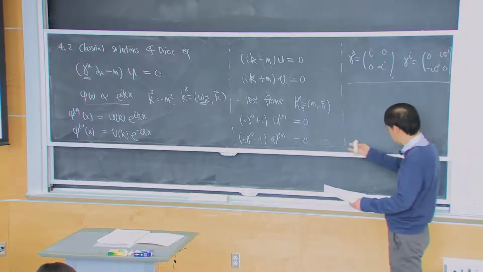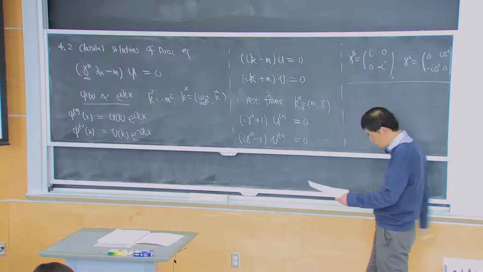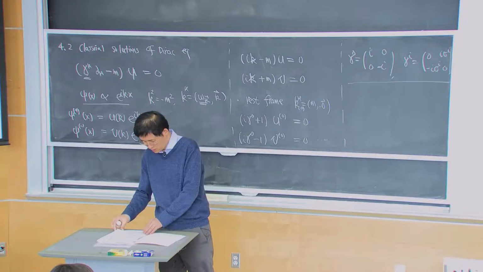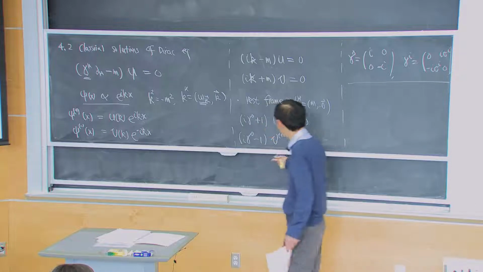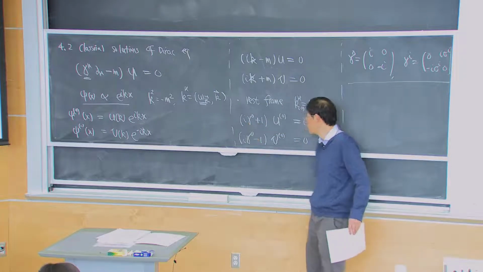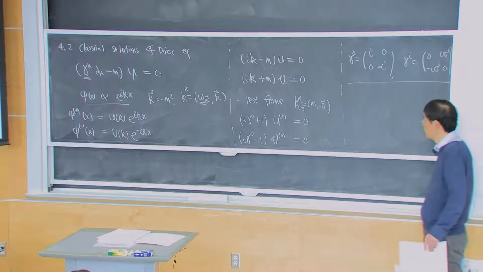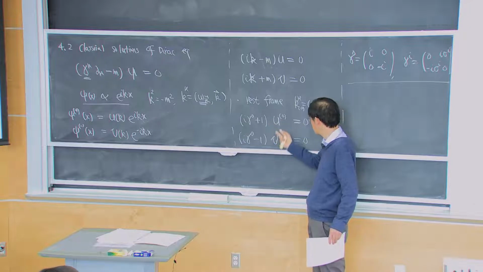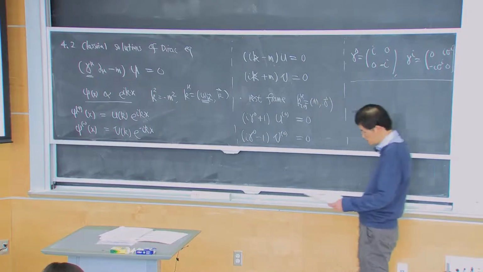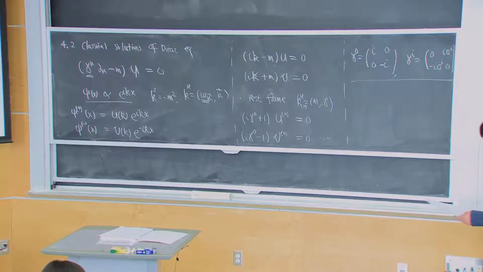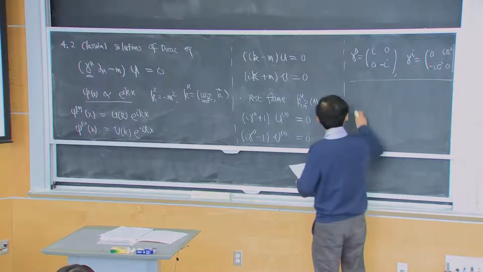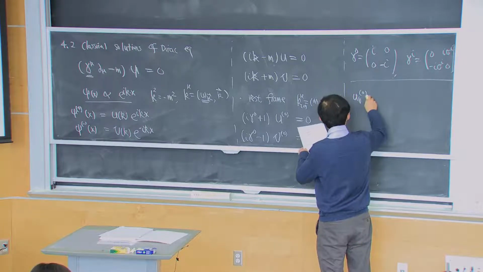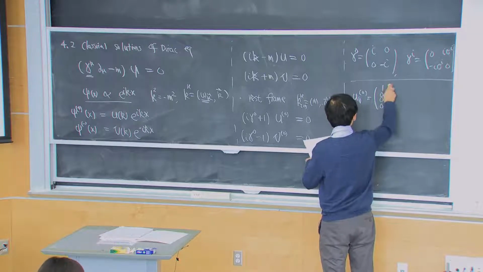You can easily plug this in and solve them, which we already discussed last time. For example, you find that there are two independent solutions. Gamma 0 is a 4×4 matrix, and it has two eigenvalues, so each of u and v has two independent solutions. For example, one solution is just given by (1, 0, 0, 0).